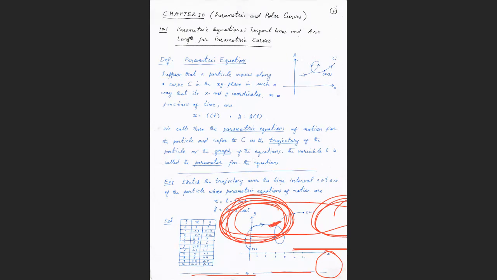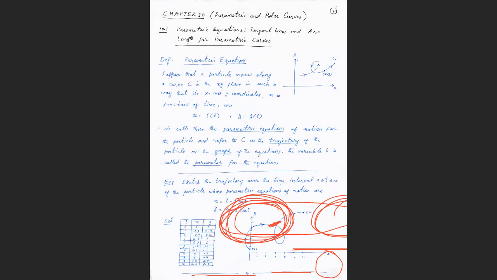Now come towards the example. What we have to do is sketch the trajectory. Trajectory means motion, movement, or direction. For example, if I am moving in a straight line, my motion is the trajectory.